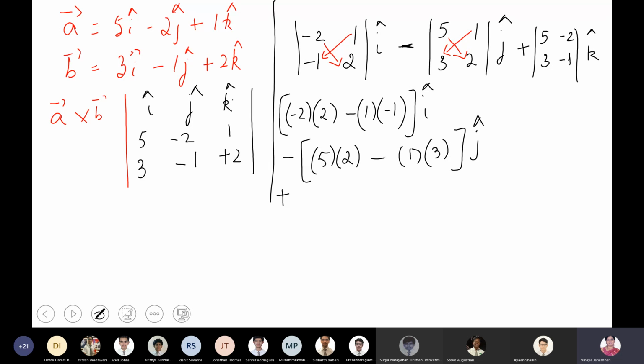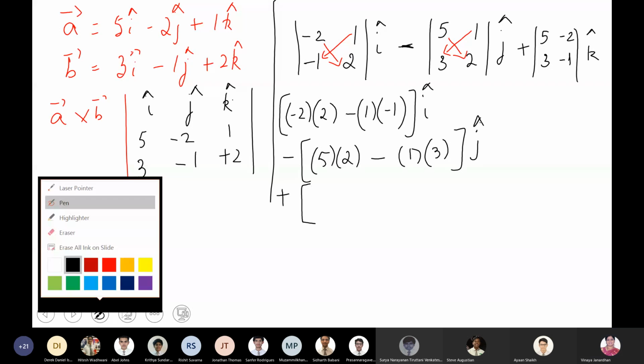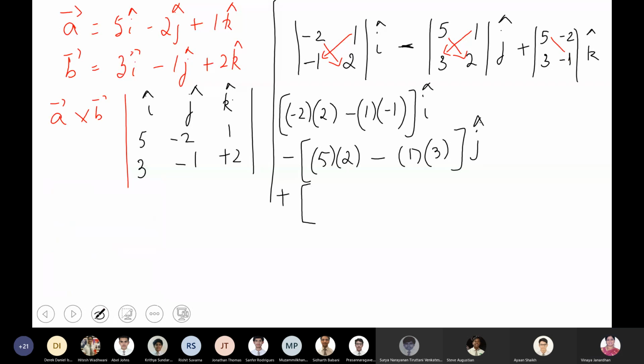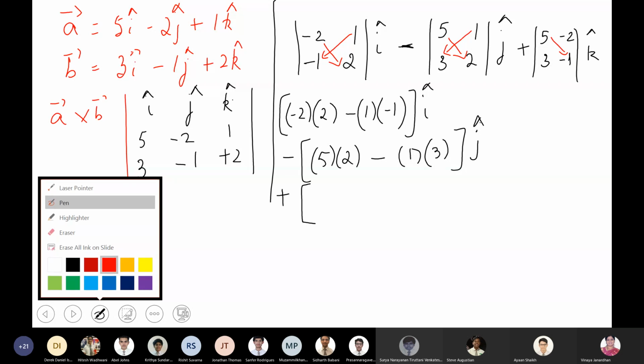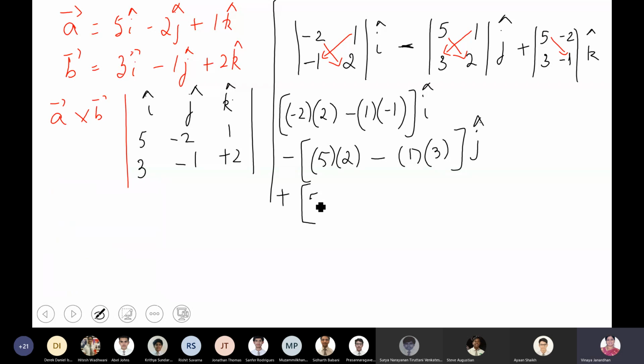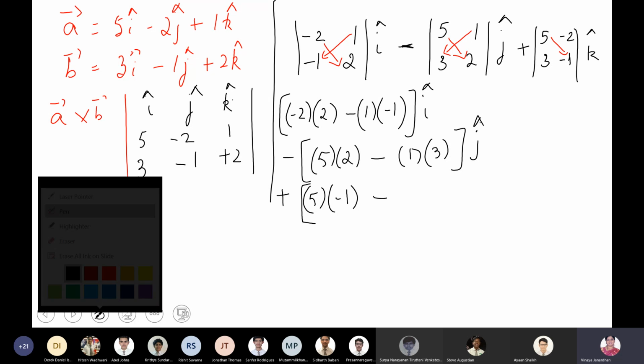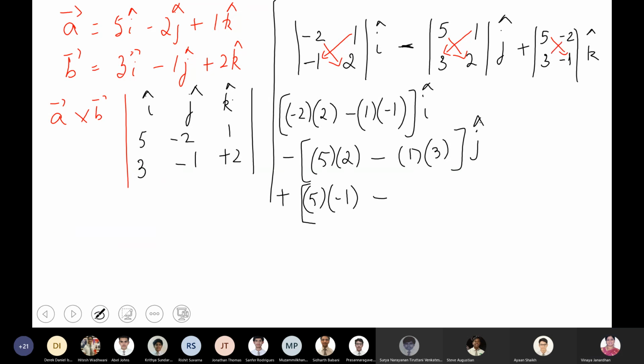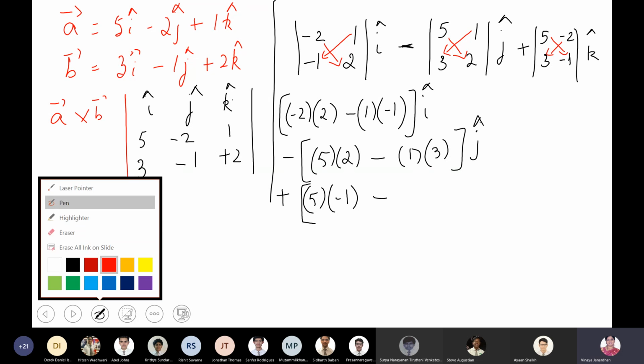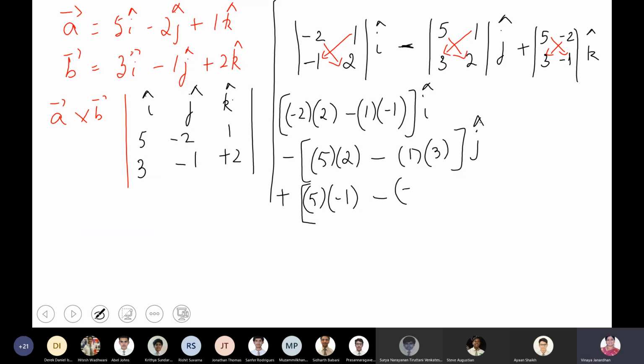then plus 5 into -1 minus 2 into -2 into 3. So that will be k cap.